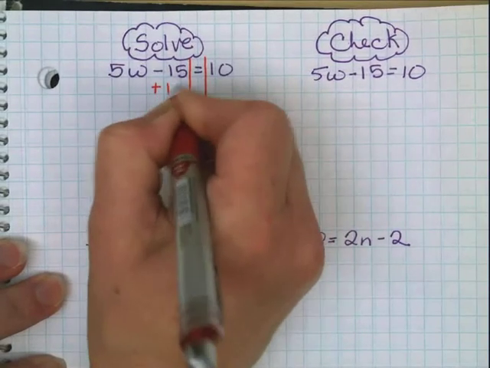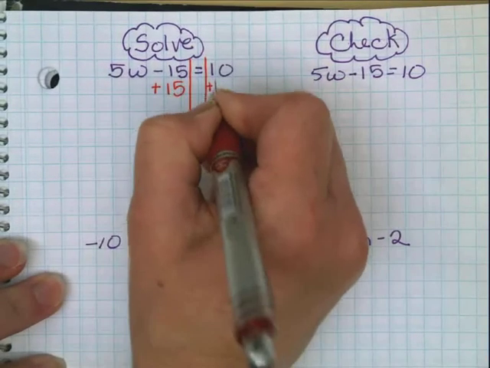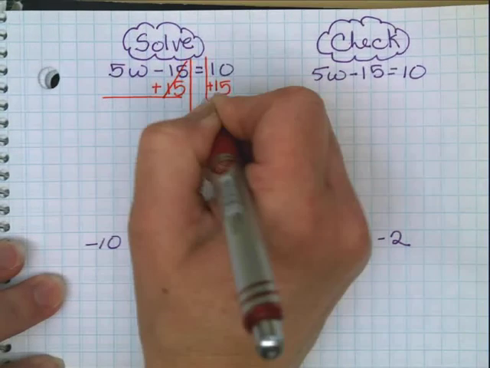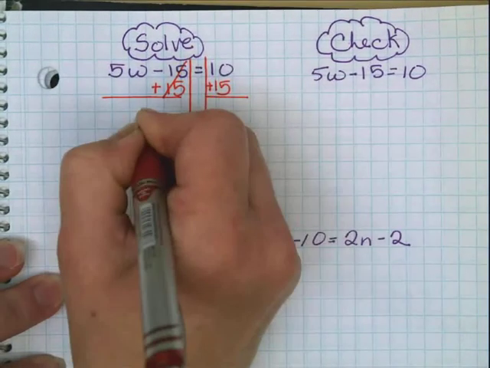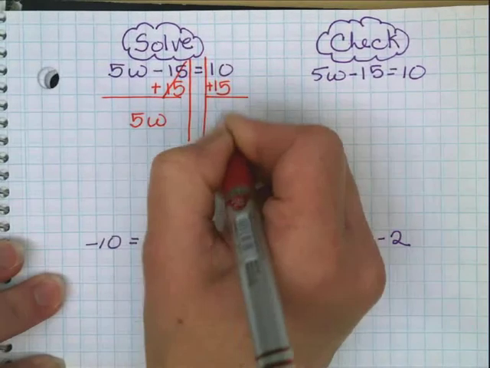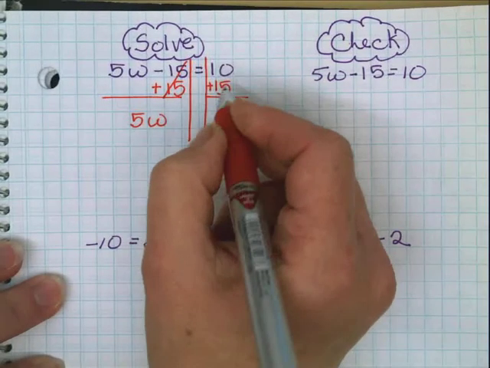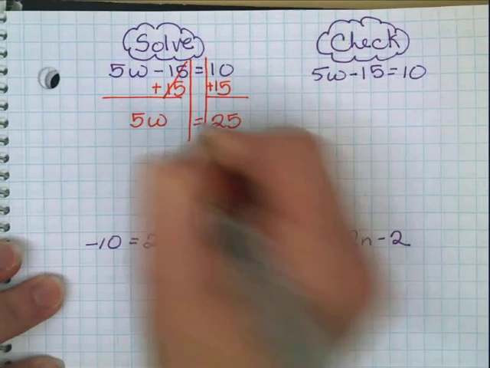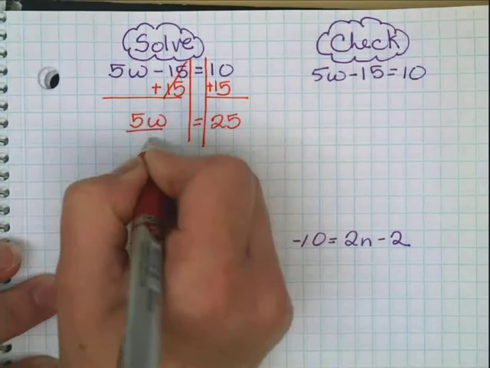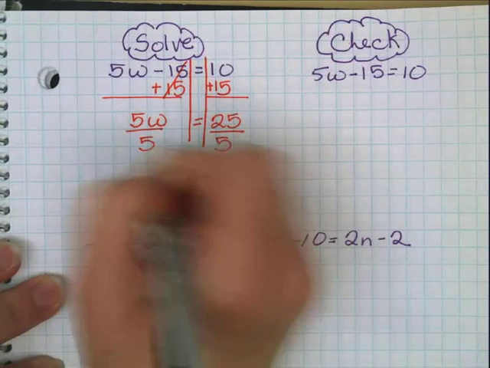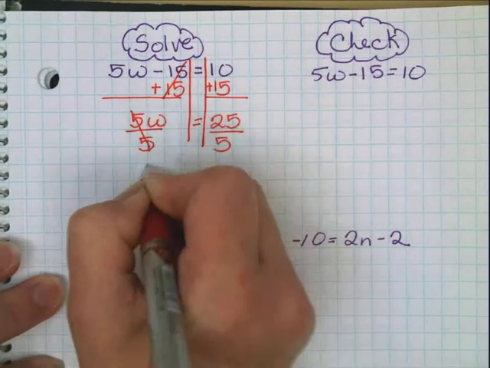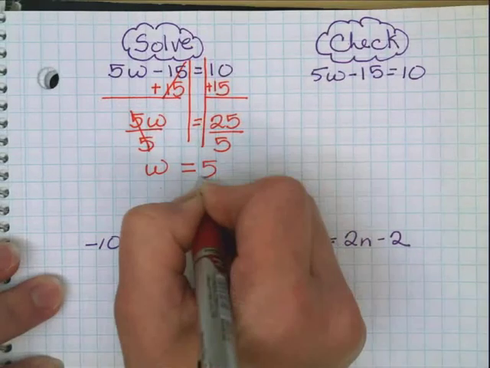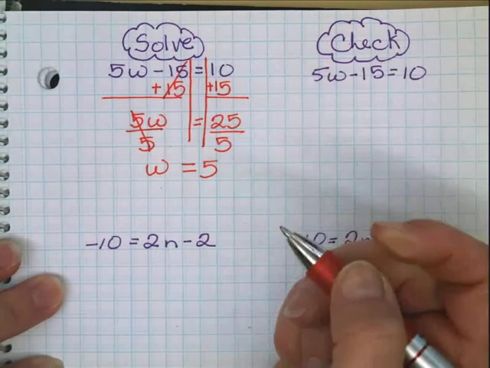I begin by adding 15 to each side of the equation. Negative 15 plus 15 cancel out, leaving me the 5w by itself. On the right-hand side, I have 25. I now divide both sides by 5. 5 divided by 5 is 1w. 25 divided by 5 is 5.